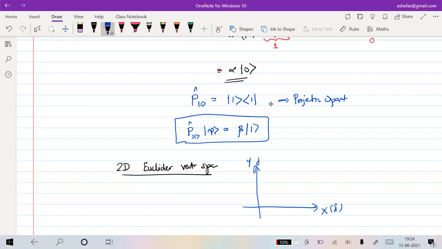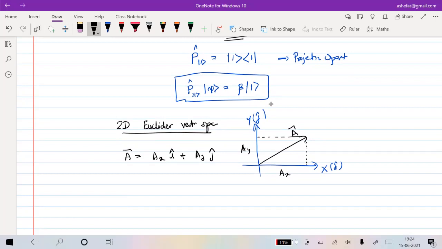Correspondingly, we can define the unit vectors i and j. Suppose there is some vector A, and this vector A can have 2 components, an x component as well as a y component. So I can write this vector A as Ax i plus Ay j. In our notation, we write this vector A as Ax i plus Ay j, where i and j are the 2 basis vectors.